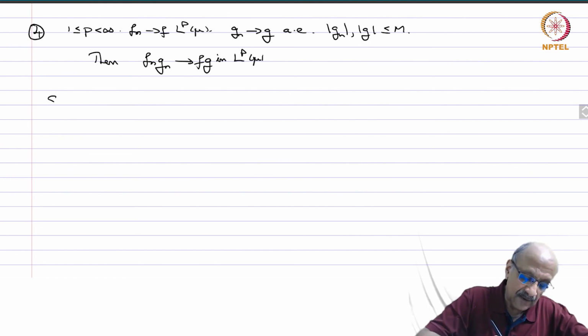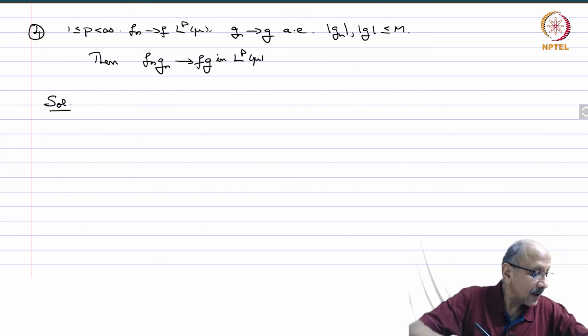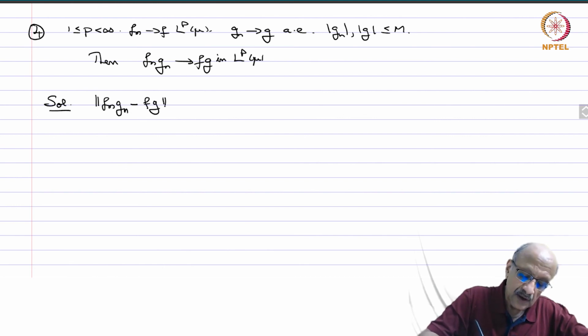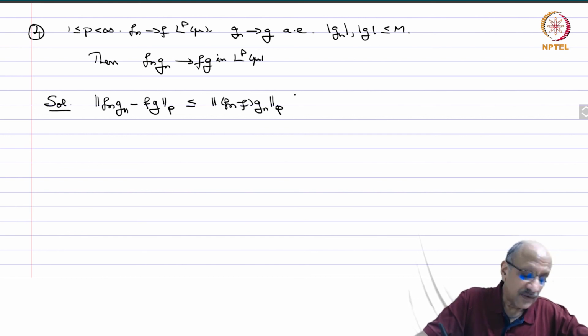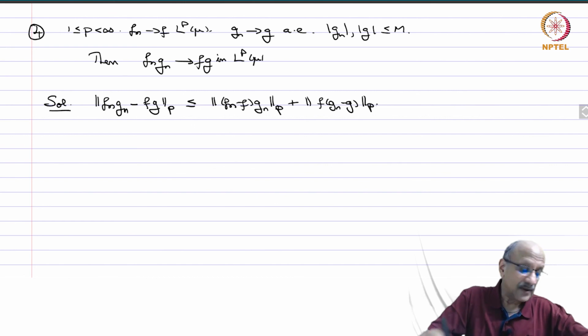So, solution. The norm of Fn Gn minus fg in LP, by the triangle inequality, is less than or equal to the norm of Fn minus f times Gn in LP plus the norm of f times Gn minus g in LP.